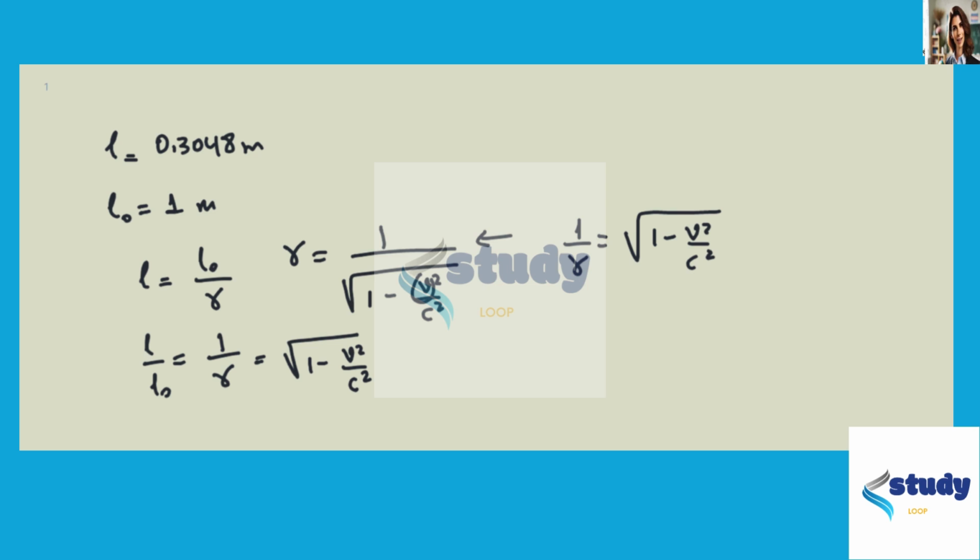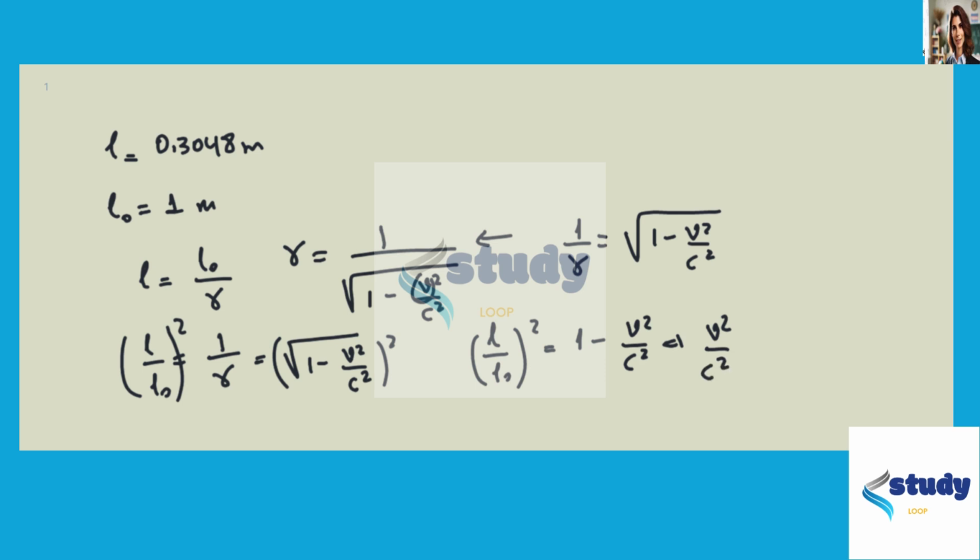Now, what we need to do, we need to get rid of the square root. So let's square both sides of this equation. So we're going to have L over L naught squared equals 1 minus v squared over c squared. Now we want to isolate this term where we have v. So v squared over c squared is going to be 1 minus L over L naught squared.